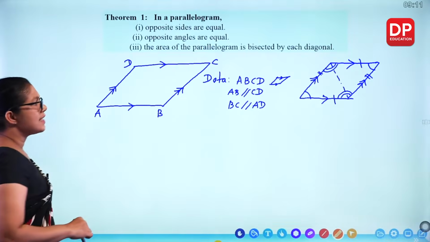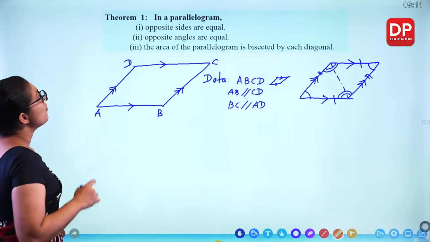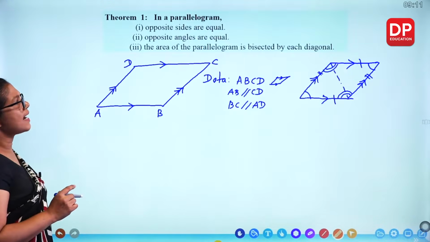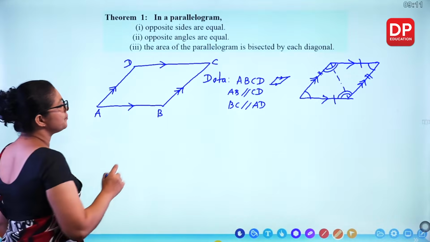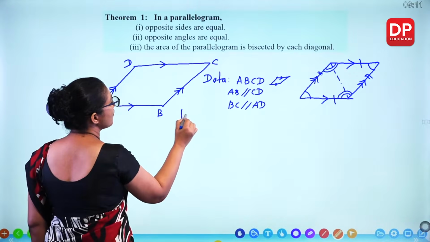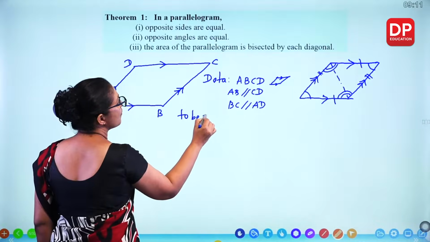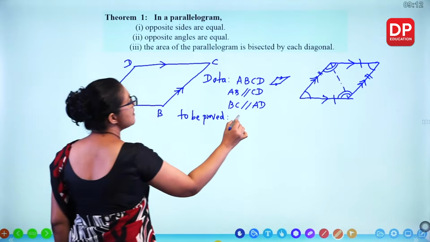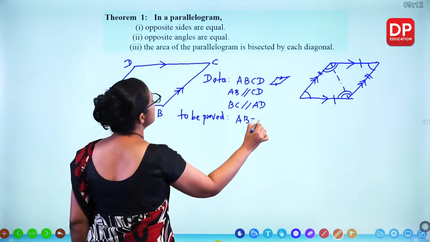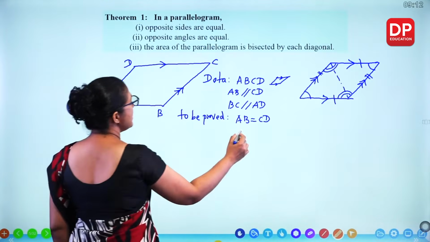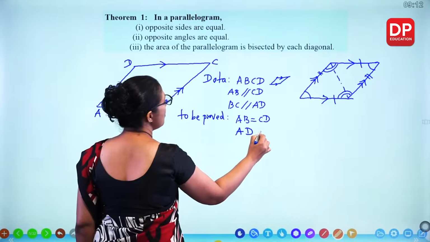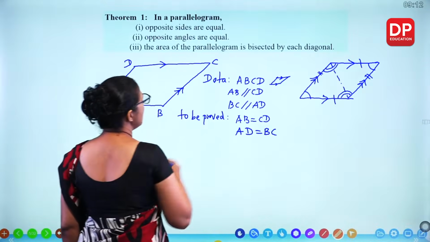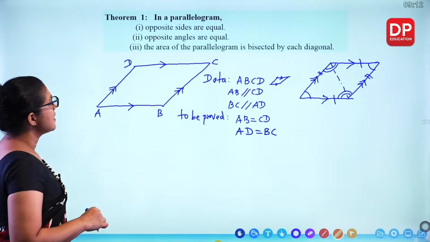That's given data. Now we need to prove that opposite sides are equal, means AB is equal to CD, AD equals BC. Those are opposite sides.